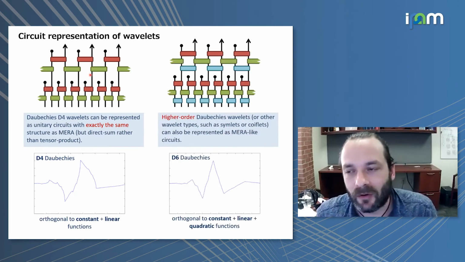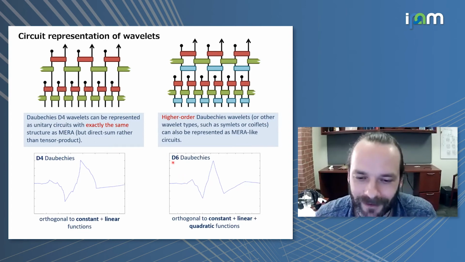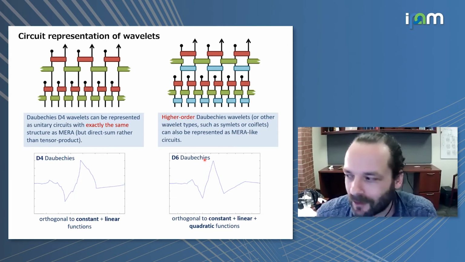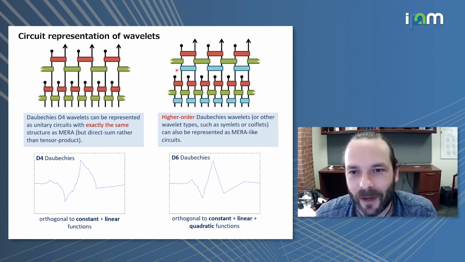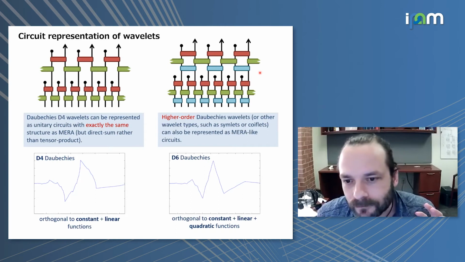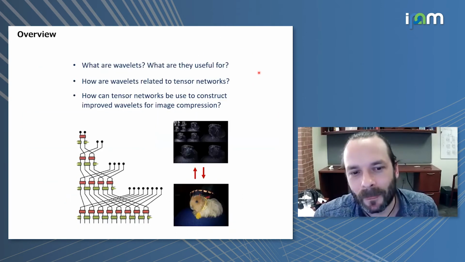And it turns out higher order wavelets, so the next level is D6 Daubechies, can also be described by unitary circuits. We just need, for instance, an extra set of gates in each layer of the MERA.